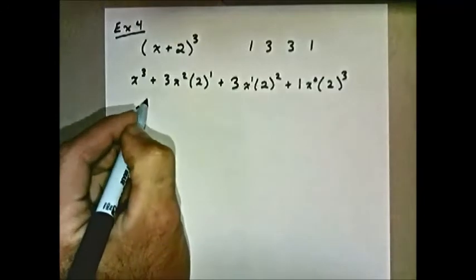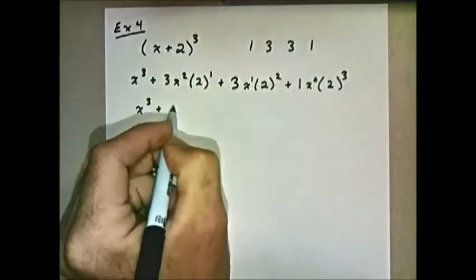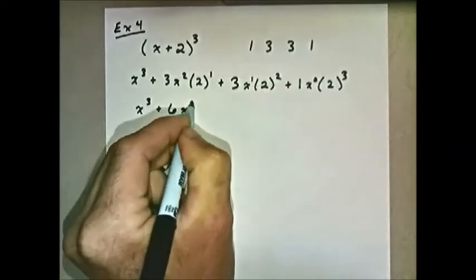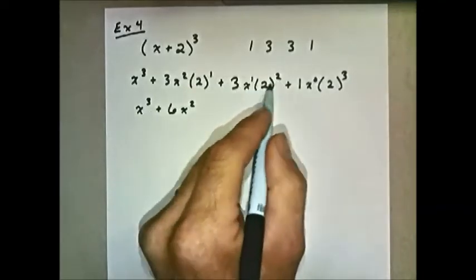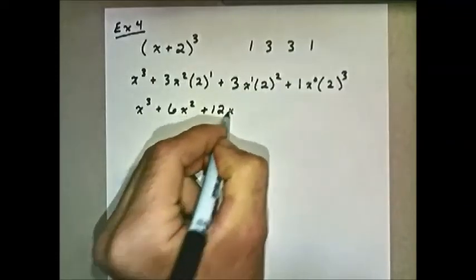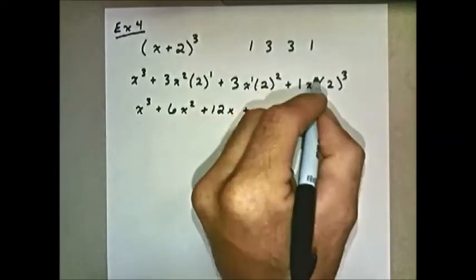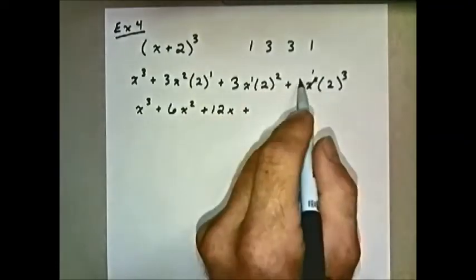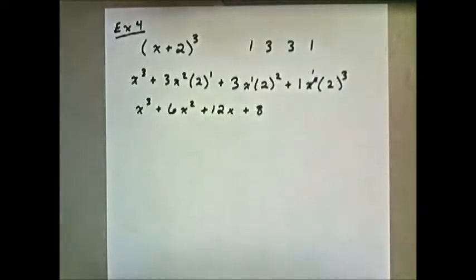Simplifying, we have x to the third plus 2 to the first times 3 gives us 6x squared. 3x to the first, 2 to the second, so we have 4 times 3 gives us 12x. Plus x to the 0, remember, is 1. So we have 1 times 2 to the third, which is 8. And that's our expanded form.